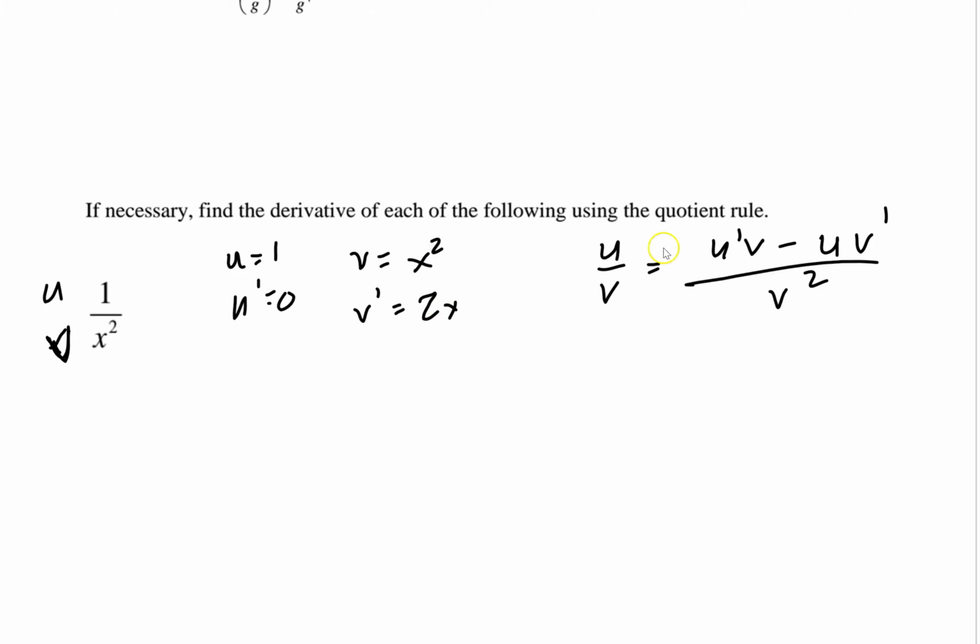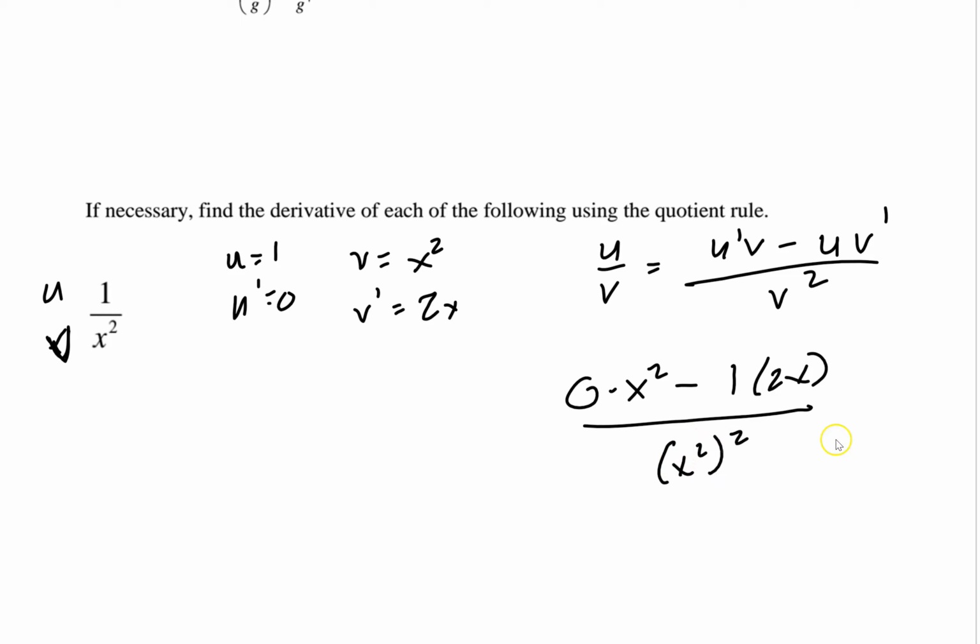Plugging into the formula, u prime, so 0, times v, which is x squared, minus u, which is 1, times v prime, 2x, all over v squared. So x squared, squared. Well, look what happens. This goes away. 0 times anything is 0.